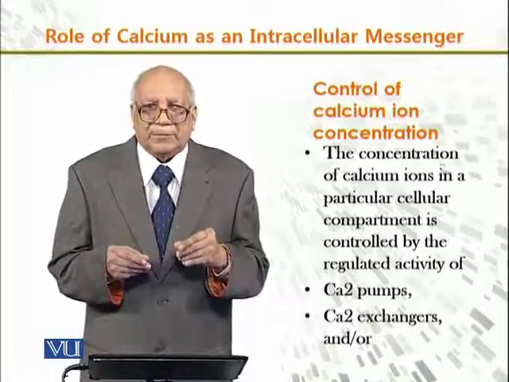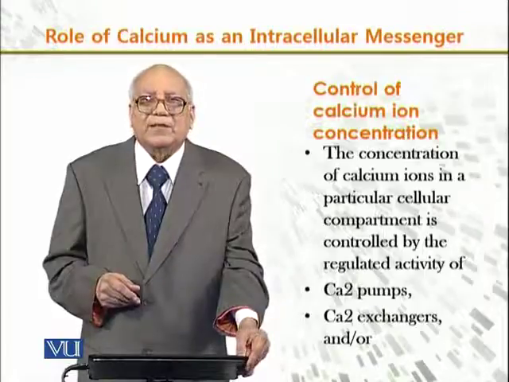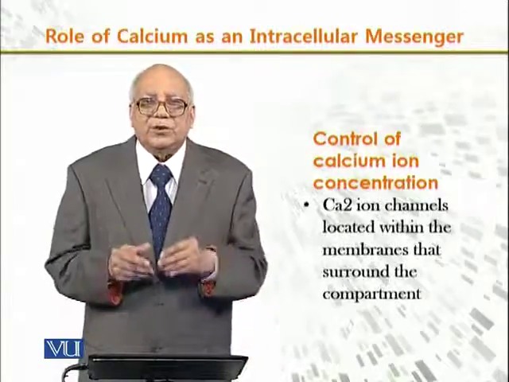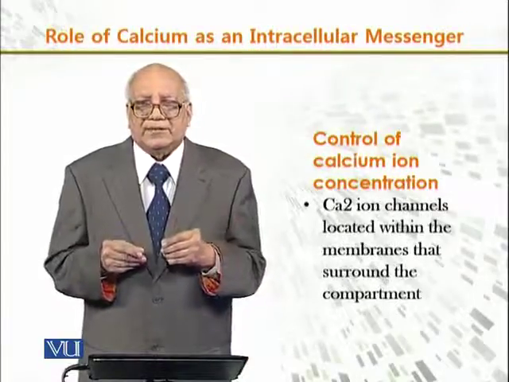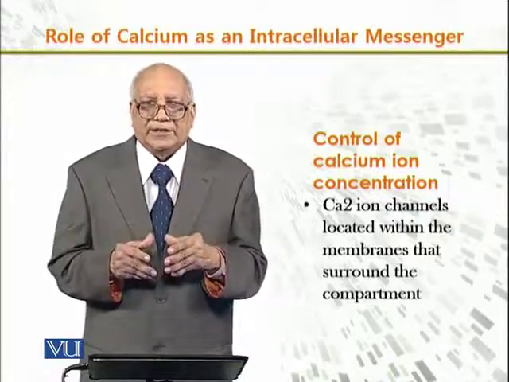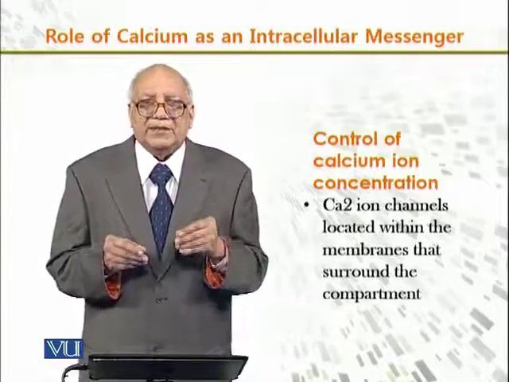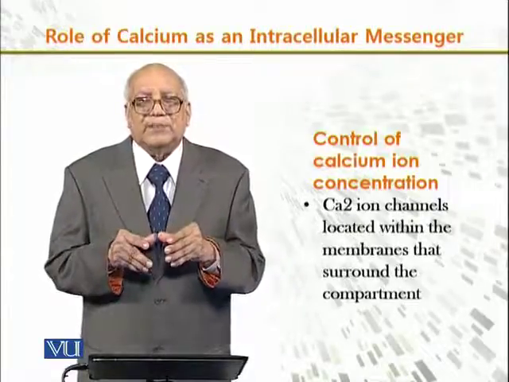There are calcium ion pumps and calcium exchangers in the cell membrane which control the calcium ion concentration. Also, calcium ion channels are located within the membranes that surround the compartment.